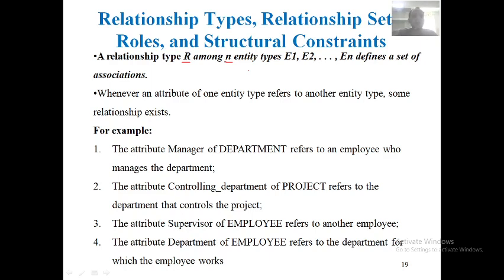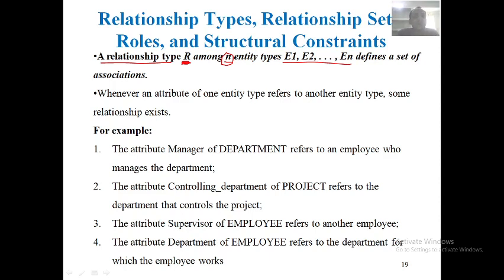A relationship type, it is R, among n entities, which are E1, E2, E3, and so on up to En. n can be 1 to n, any integer value.